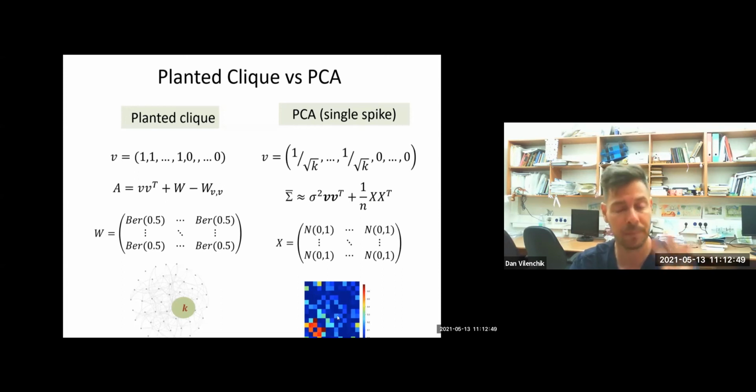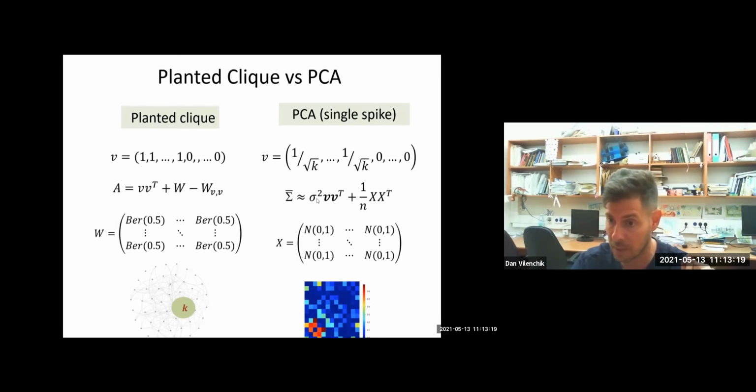So in this problem, the larger K, the harder the problem, because then the signal is smeared over more entries. So this submatrix is larger, but the red is closer to blue, right? Because this is a unit vector. So the more entries, the more features you have, the more the signal is smeared over the entries, again, in this model, and the problem is harder.